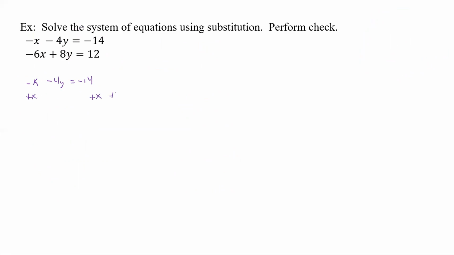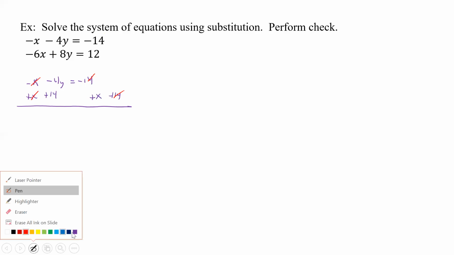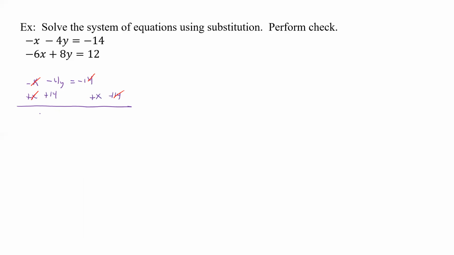I'm going to add 14, add 14. So when I do that, to make sure we have everything canceled, that cancels that, x cancels that. And so we have here negative 4y plus 14 equals x. And so then I can plug this into that point right there.